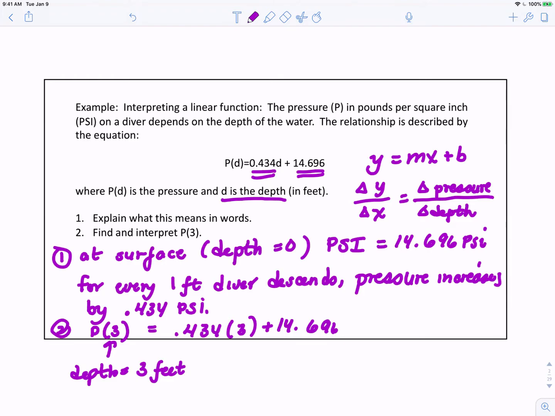If we multiply 0.434 times 3, and then add on 14.696, we get a result of 15.998. And so what that means is at a depth of 3 feet, the pressure on the diver has increased to 15.998 pounds per square inch.